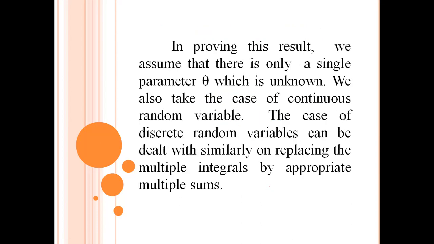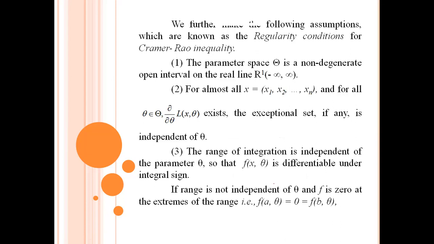Next we are coming to the result. Before going to prove the result, we have some basic assumptions. The first one is that theta is a single parameter and it is also an unknown parameter. Then we are taking the continuous random variable, and also the discrete random variable, on replacing integrals by summations. Then we also have some regularity conditions.